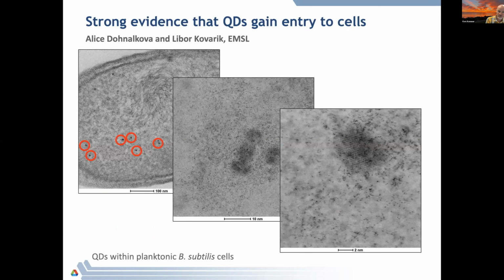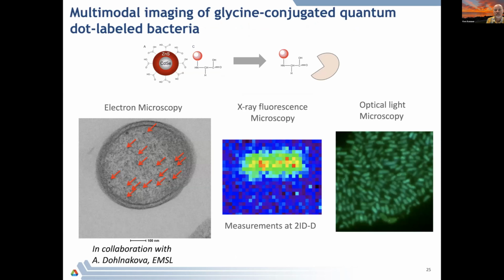And so we did some electron microscopy to verify, in fact, that we could get these quantum dots into the cell. And we can get quite a few of them in there, such that the concentrations of the cadmium and selenium are off the charts relative to what you would expect for those elements naturally occurring in a cell.